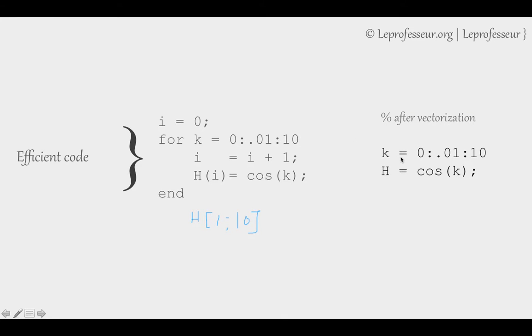After vectorization, just think of h as cos k. Very simple. We don't have to write this whole for loop. MATLAB will internally do that. So this h matrix will have the cosine for each of the different points.